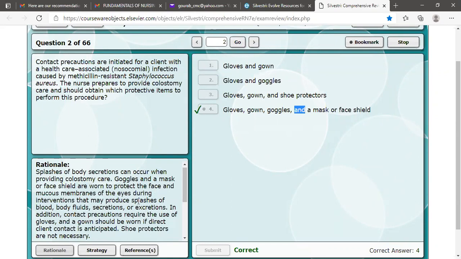The product may flush out of the body as body fluid, secretion or excretion. In addition, contact precautions require the use of gloves and gown, which should be worn if direct client contact is anticipated. So this is the reason we chose this one.